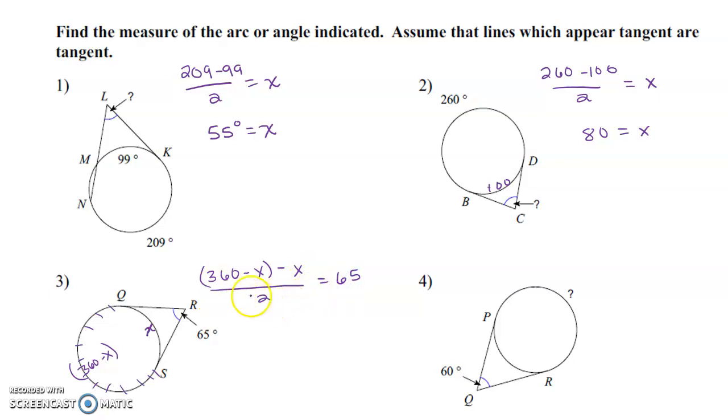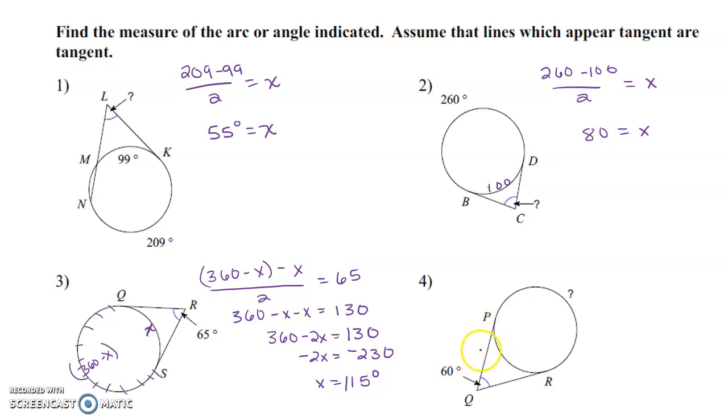Multiply both sides by 2, and I'm going to drop my parentheses. 360 minus 2x is 130. Okay, so then I'm going to subtract 360 from both sides to get a negative 230. Divide by negative 2, and x equals a positive 115 degrees.